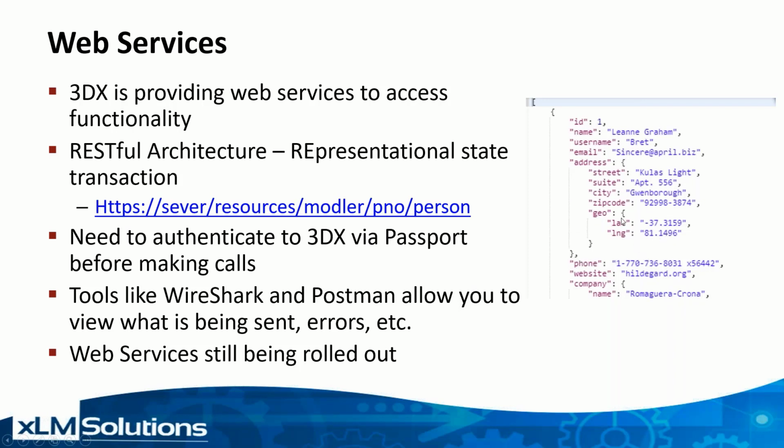JSON is a way to format data. It provides attribute information and then the actual data. So if you're calling web services and you want to see what data is actually being pushed or pulled, you can make use of other programs like Wireshark and Postman to do that. And it should be noted that web services are still being rolled out within 3D Experience. Every release, more and more web services are available to be accessed.